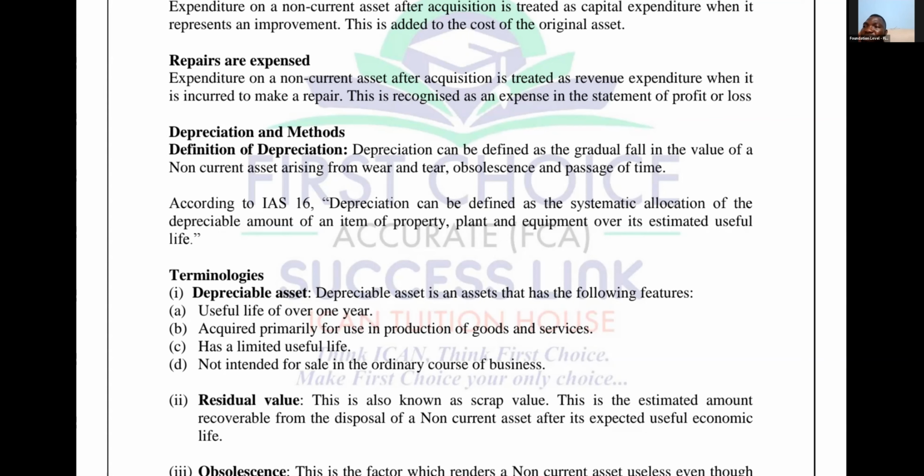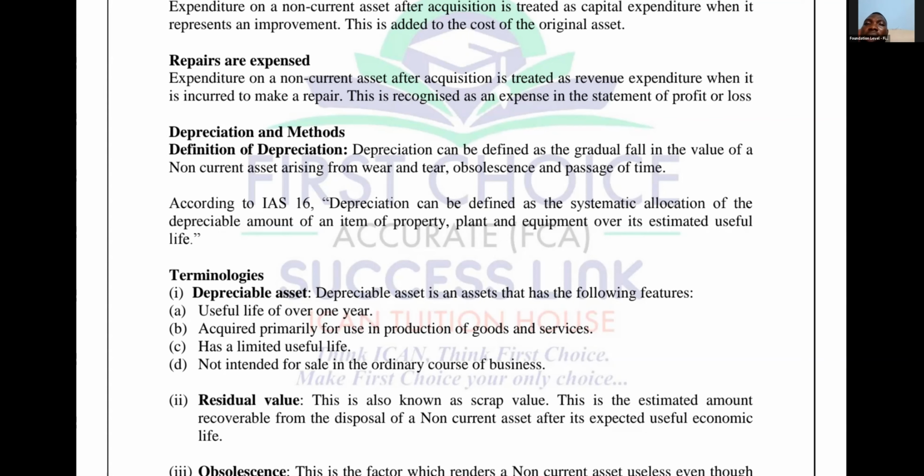So if at the beginning I have 1.5 million for the motor vehicle, at the end of the year I remove 150,000 from it to give the amount of the asset that I have not yet utilized. That 150,000 naira is taken to the profit or loss account according to the matching concept, which talks about relating expenses to revenue.